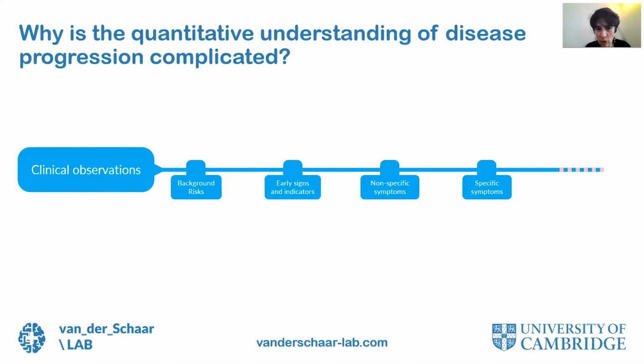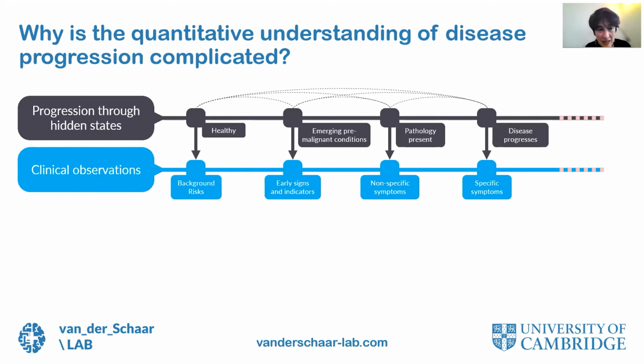But then as more information becomes available, there may be additional signs and indicators that can be used to inform the diagnosis, potentially an early diagnosis. There may be non-specific symptoms and then later specific symptoms. And the challenge here is how can we integrate this diverse, complex, multidimensional, and over time information to infer the hidden state of disease for a patient.